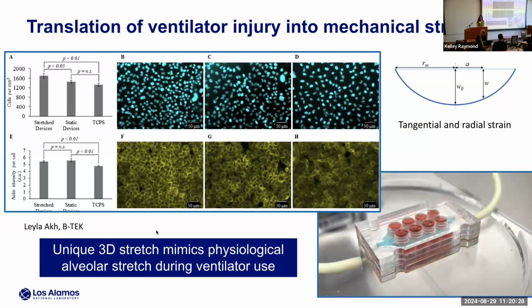So we also used our microphysiological systems based on some of the stretches that they said they would be looking at in the deep lung, to try and mimic our physiologic stretch. And we were able to take that and also use a percussive method as well to see how that is going to change our cellular system.